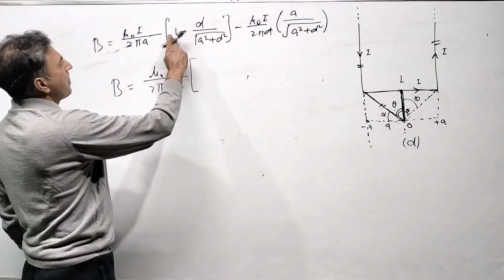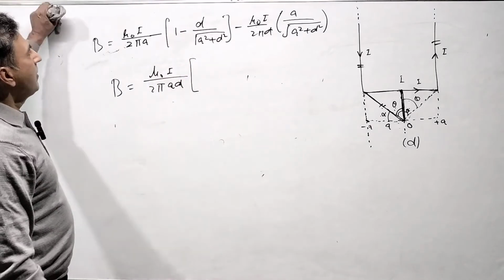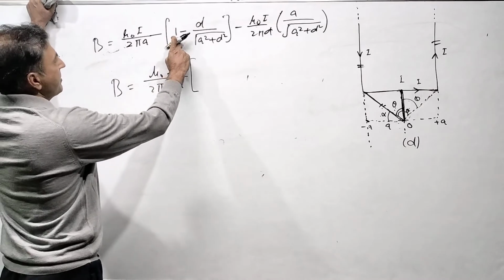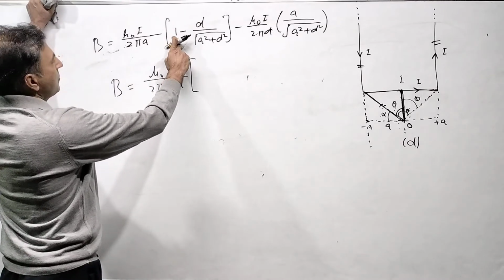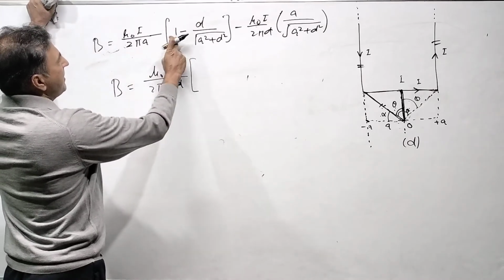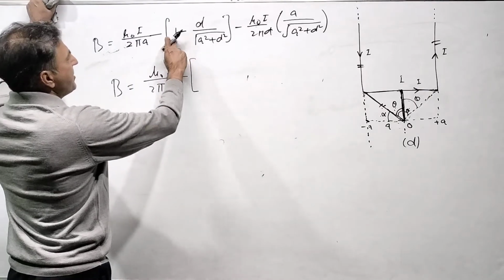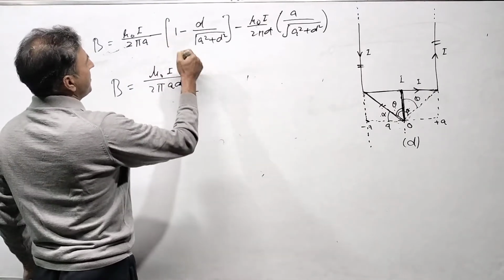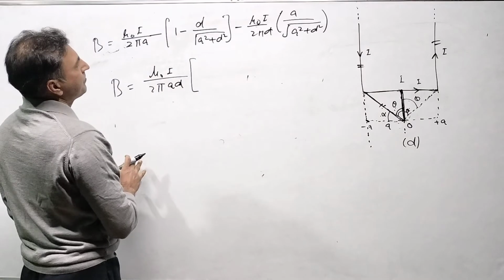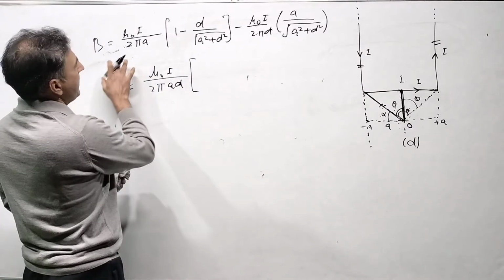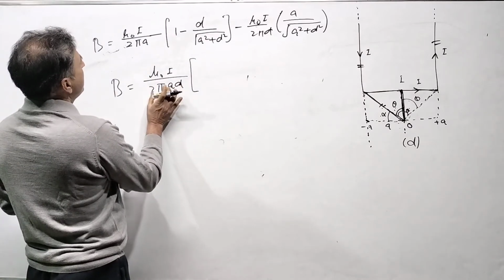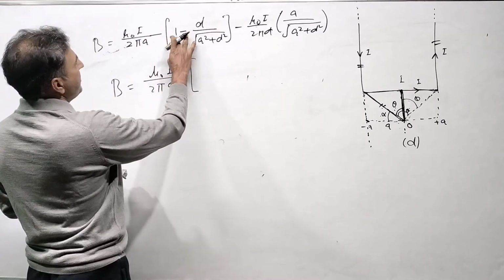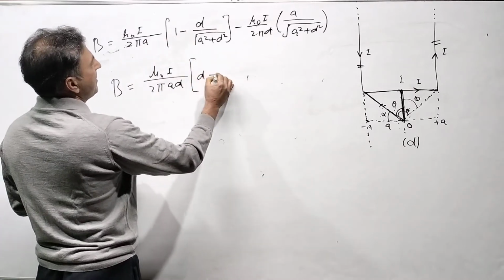So 2 pi A is here, here D is missing, so I should write D here. 2 pi A D, 2 pi A is common, so A, D is missing here, so I will write D here.